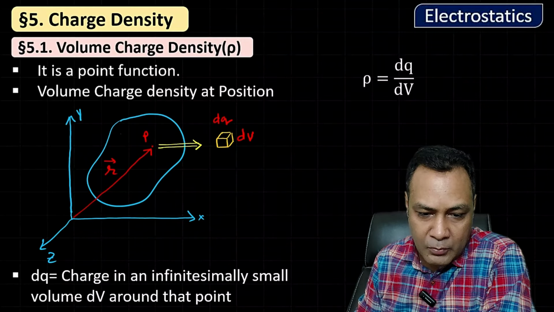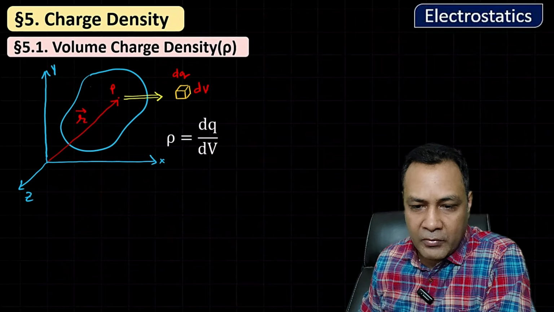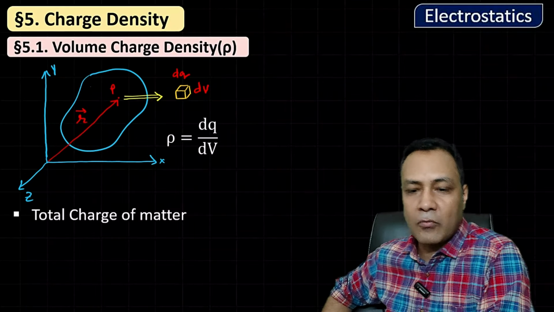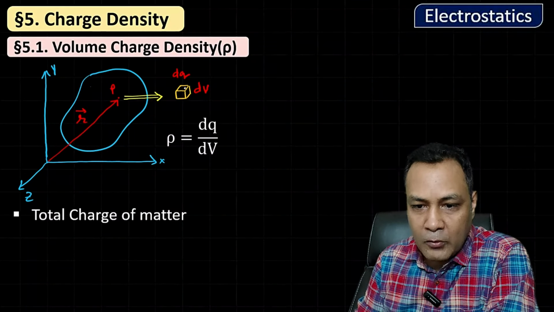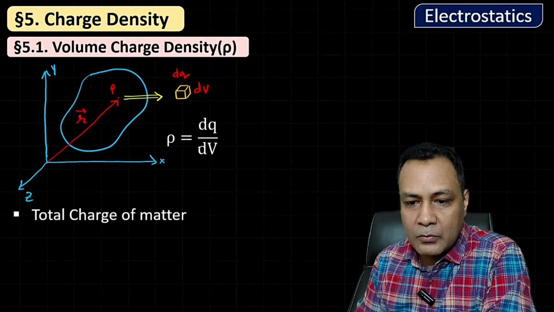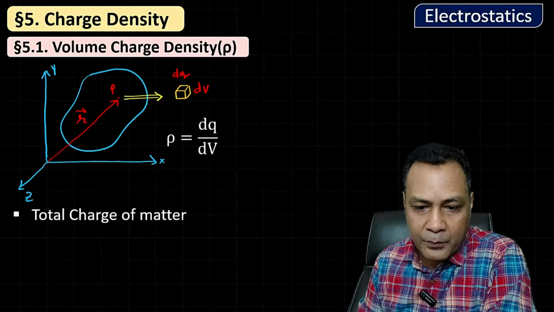Now some simplifications that we define. If we want to find the total charge of a body, I took this small volume. In this volume there was a charge dq, so rho is dq by dV.